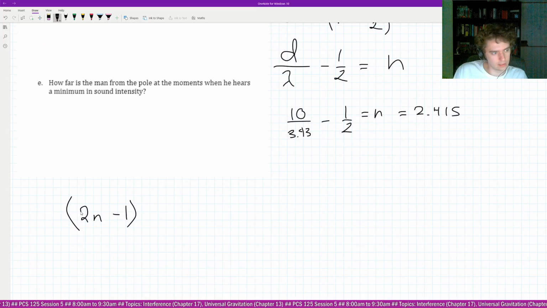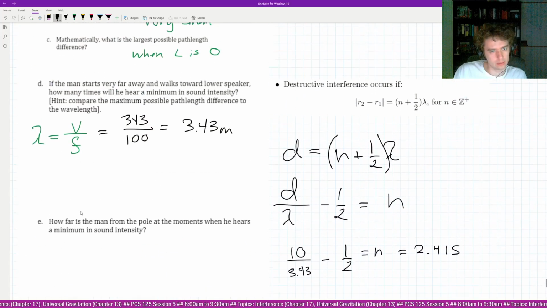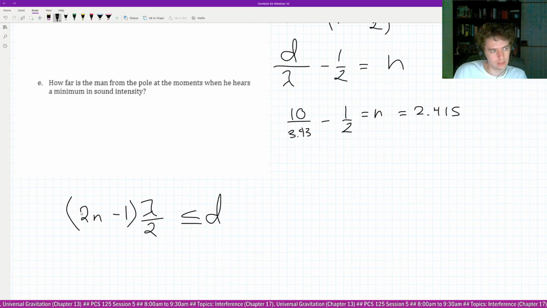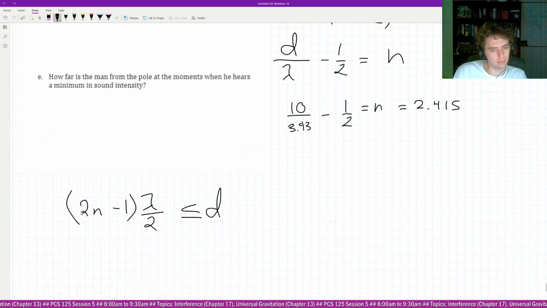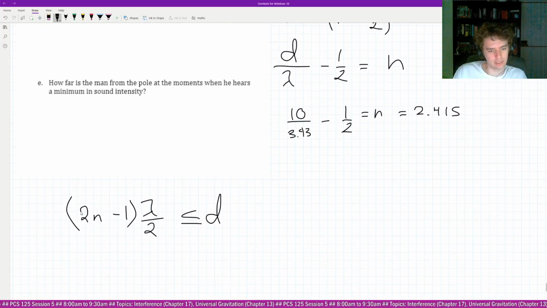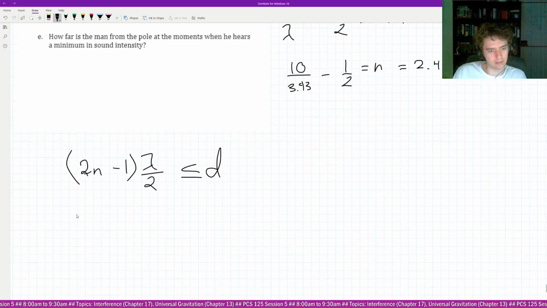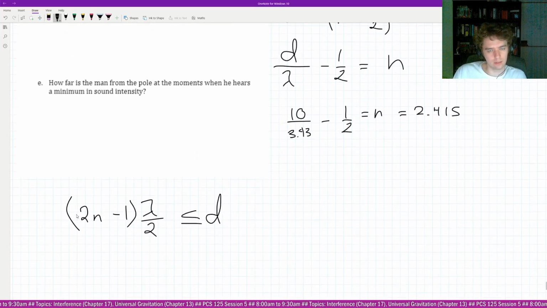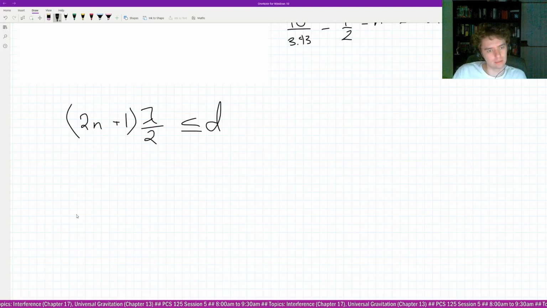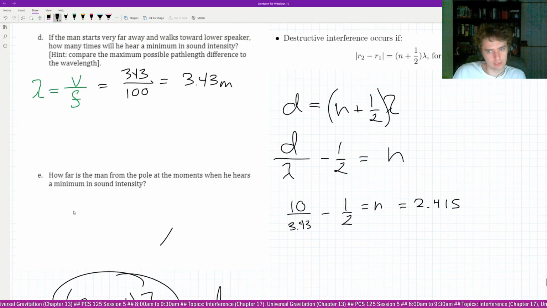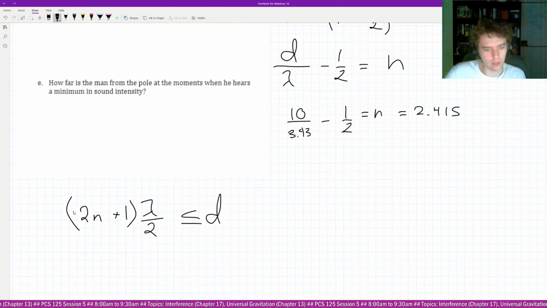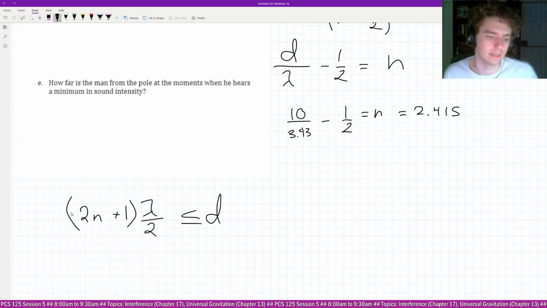They factor out lambda over 2 is less than or equal to d, which is this distance here, and then solve for n. But why? So I think this is the same expression as here. Let's see if I factor out a 2. Yeah, if I factor out a 2, is that a half? Yeah. It could be plus. Doesn't matter. So this is equivalent to this. It's just with an inequality, and they factored out 2 here.